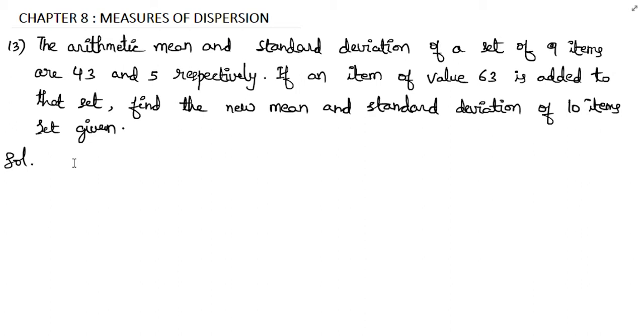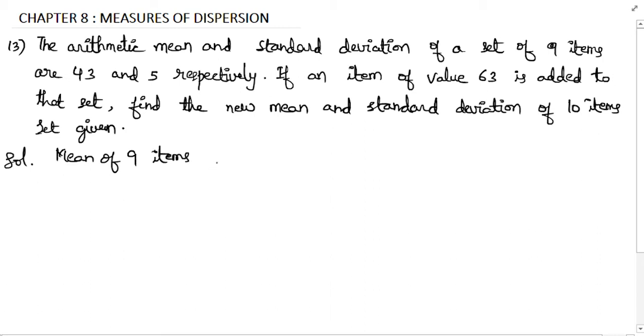If an item of value 63 is added to that set, find the new mean and standard deviation of the 10-item set. The mean of 9 items is 43, which implies that the sum of 9 items is 9 into 43, because the sum of observations is equal to mean into number of observations. So this is equal to 387.